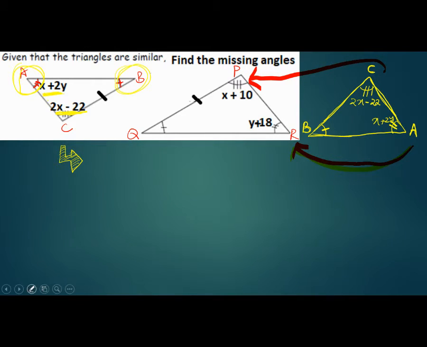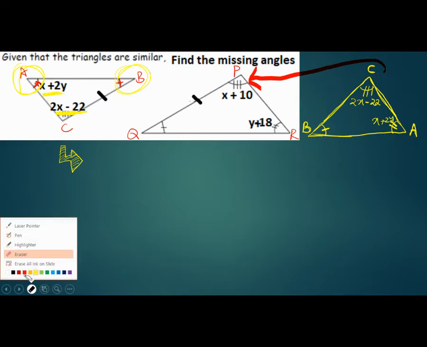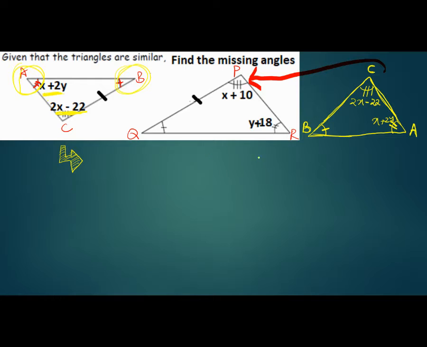That's the reason you have to change the orientation. Once you change it, you can see that angle A and angle R are equal and angle C equals angle P, because the orientation is the same. Let me write the same concept here: angle P equals angle C and angle A equals angle R.